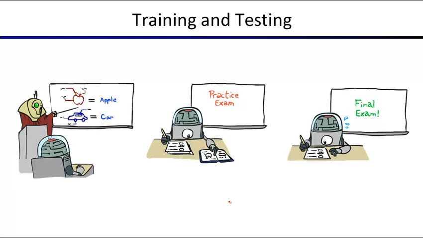That practice exam in machine learning is called validation. So this thing here, we'll call training. This is validation. And then once you've done enough training and validation so that the validation tells you that you're in good shape, you go on to the real test, and presumably you do equally well. That's the idea.